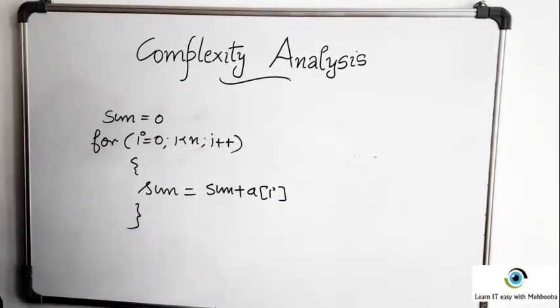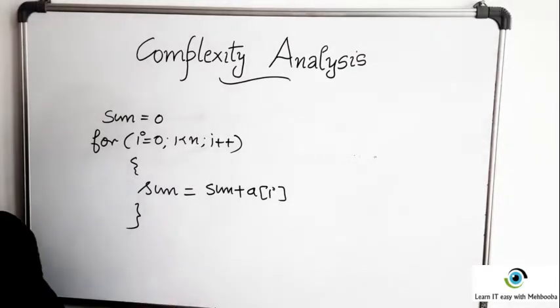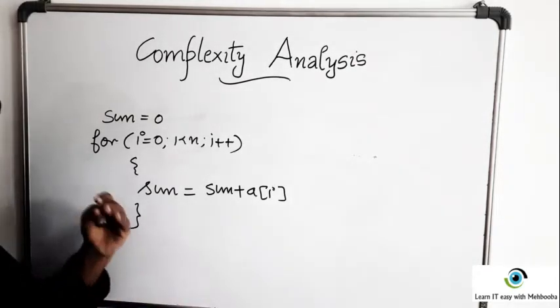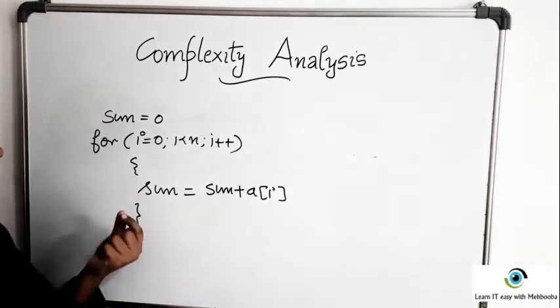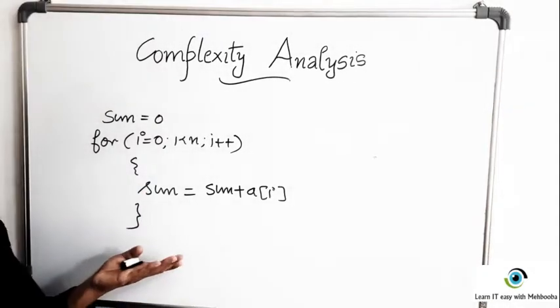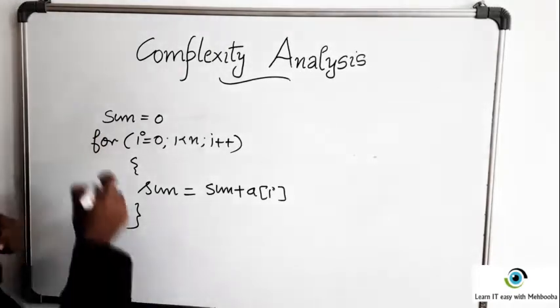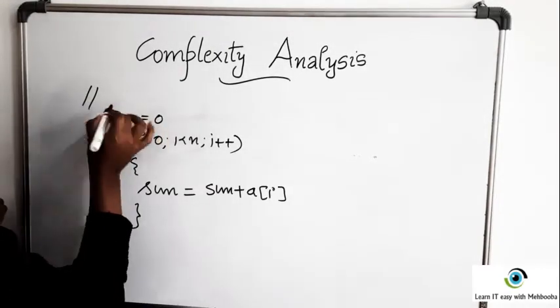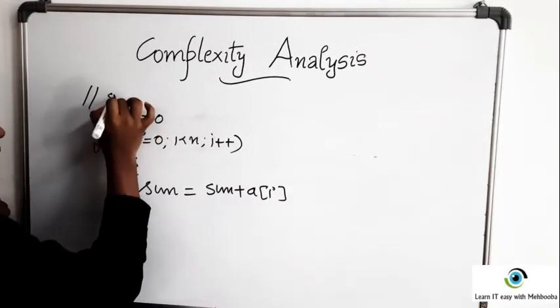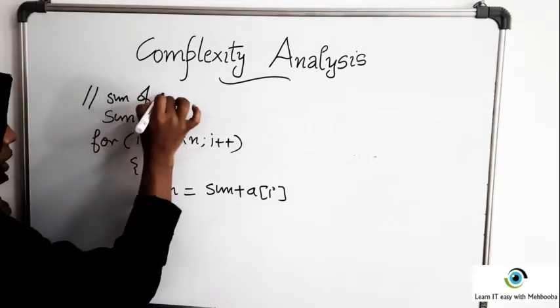As I told, one way to analyze or find out complexity of an algorithm is to identify the frequency of, or sum up the frequency of, various statements in a program. I am commenting it as program to find the sum of an array.